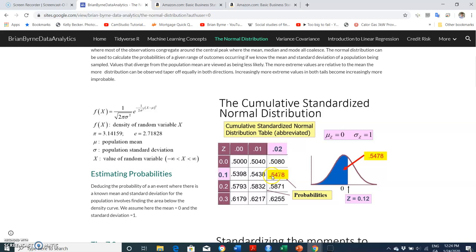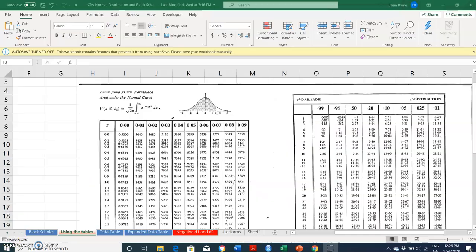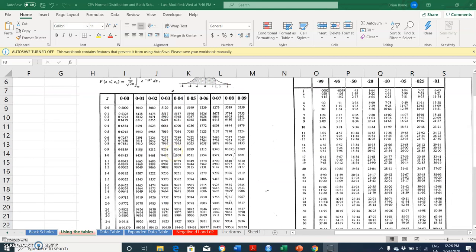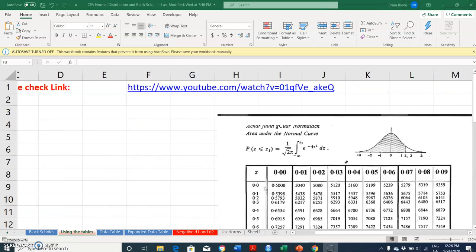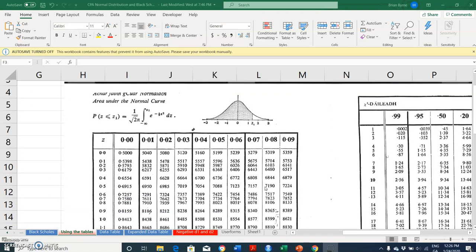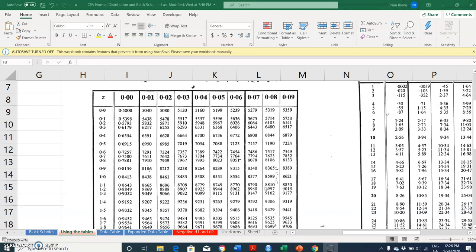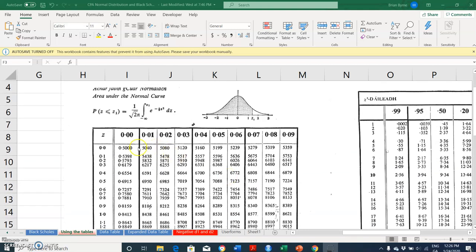Now I'll take an actual set of tables and take a look at that. Okay, so I have here the normal cumulative probability distribution, the Gaussian distribution, and again it's kind of what we would see in an actual exam. Let's take these values for a second.